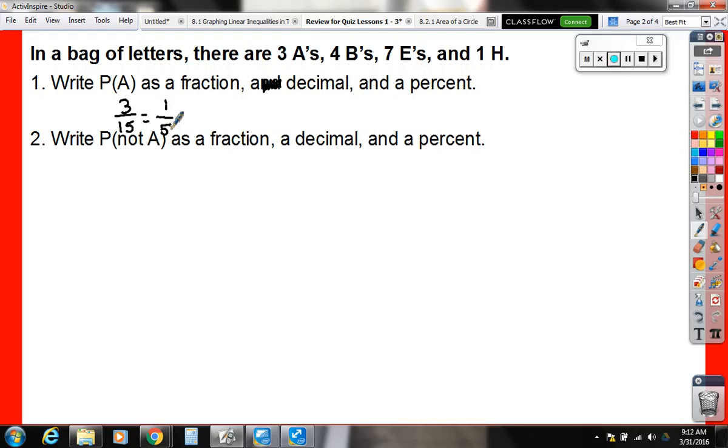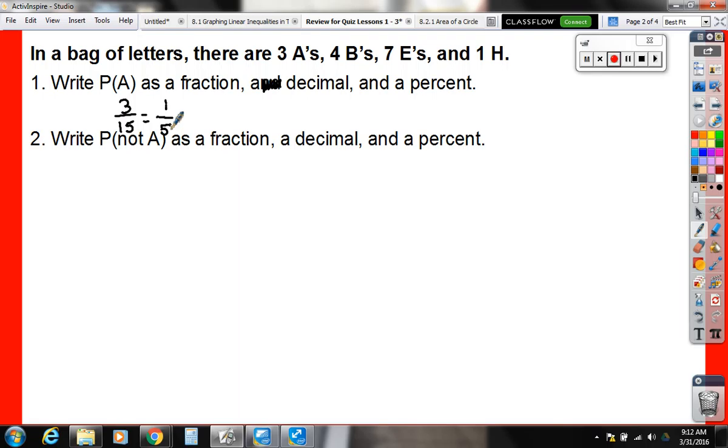Okay, now we need to write it as a decimal. Zach, how would I write 1/5 as a decimal? What do I need to do? When we change a fraction to a decimal, can anyone help him out? What do we need to do with the numbers? Hannah? We need to switch them. Not switch them. Ethan? Multiply. Not multiply, but you're getting warmer. Owen? You divide them.